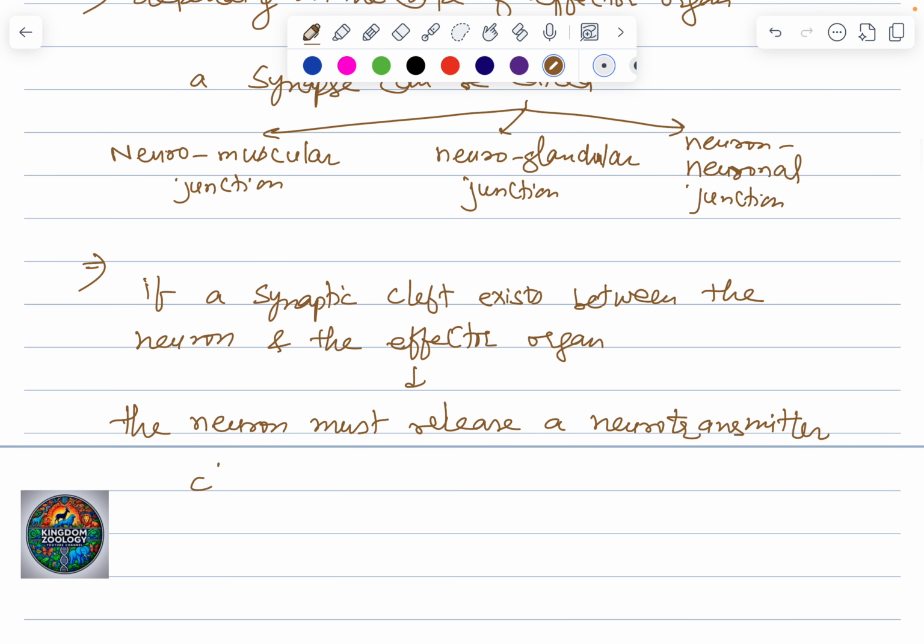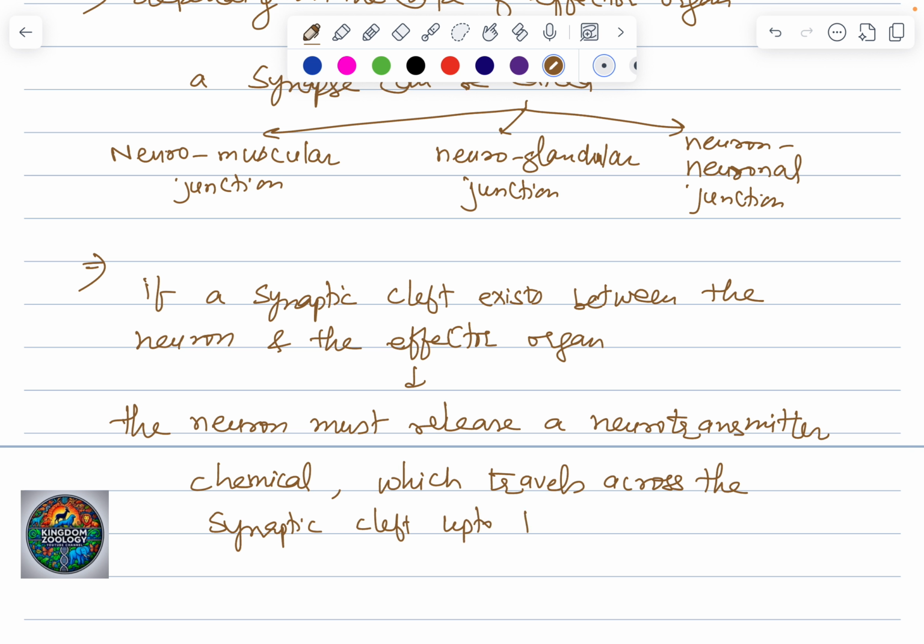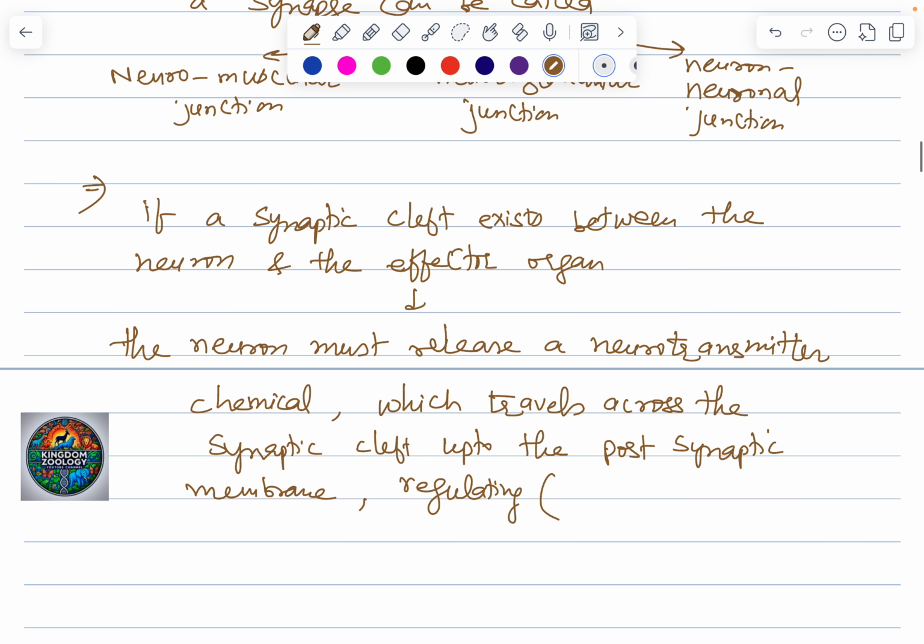So the neuron must release a neurotransmitter chemical which needs to travel across the synaptic cleft up toward the postsynaptic membrane, regulating, which can mean both ways, stimulating or inhibiting the action of the effector organ.